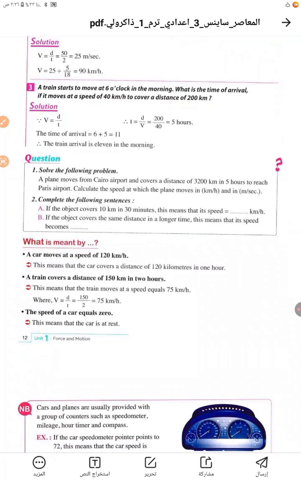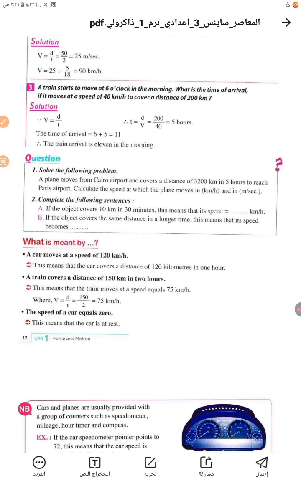A train starts to move at 6 o'clock in the morning. What is the time of arrival if it moves at a speed of 40 kilometer per hour to cover a distance of 200 kilometer?